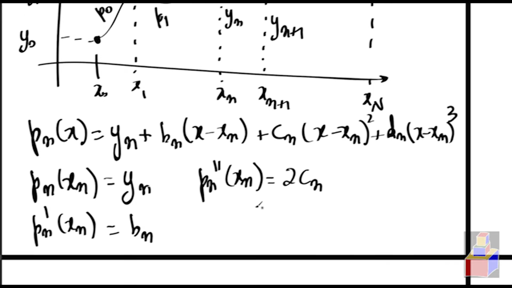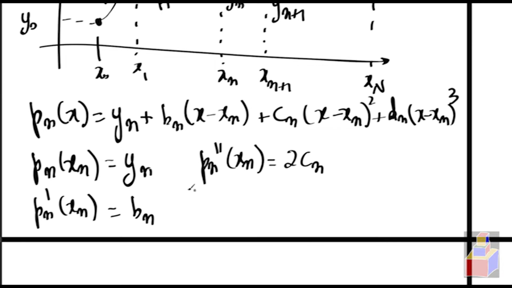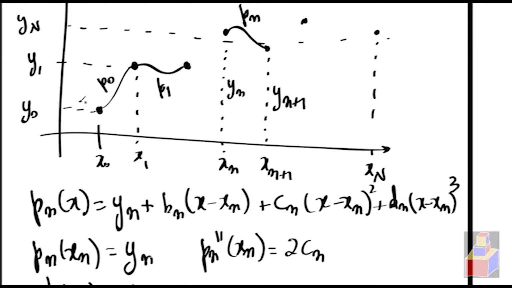So what we have to do is to impose that each polynomial is continuous at each point. For instance, P0 at x1 equals P1 at x1, and so forth. P1 at x2 equals P2 at x2, and so forth.